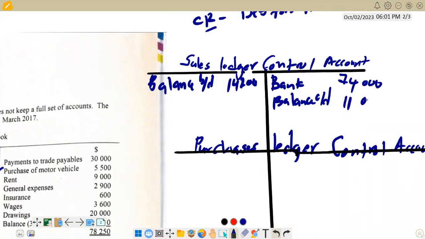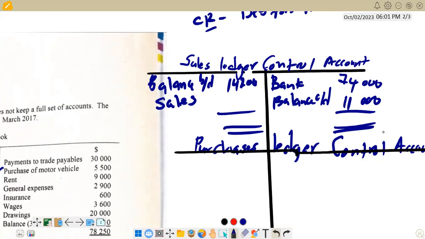Then after that, the figure that we are looking for, the figure for the sales account, is on the debit side. So it will be here, sales. We are going to find it as a balancing figure. So then we balance out our account. If you add the total for the credit, obviously the total for the credit is going to be greater.